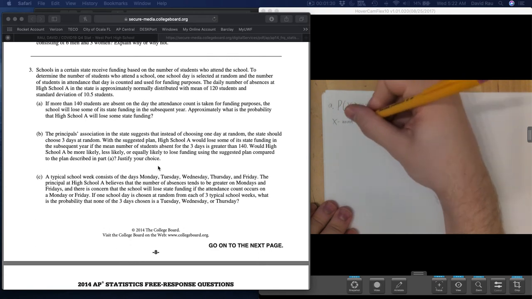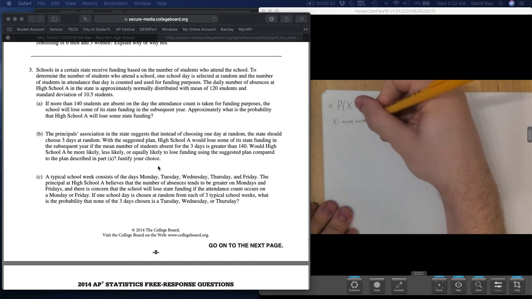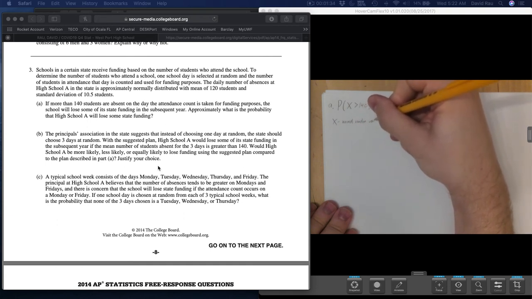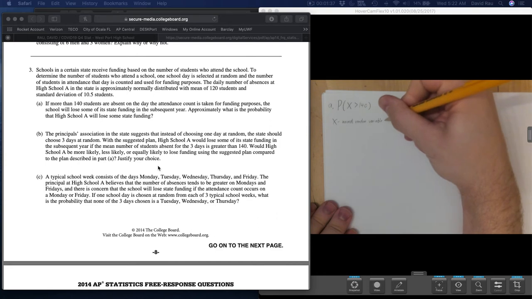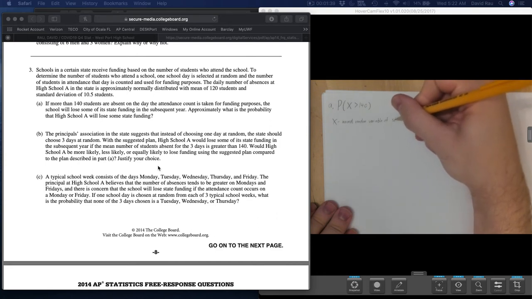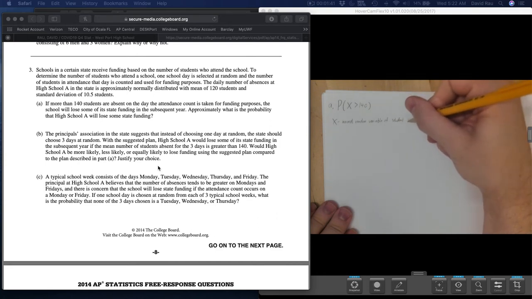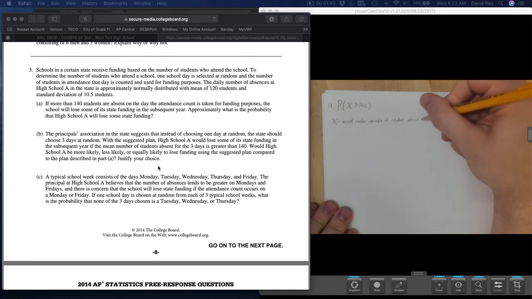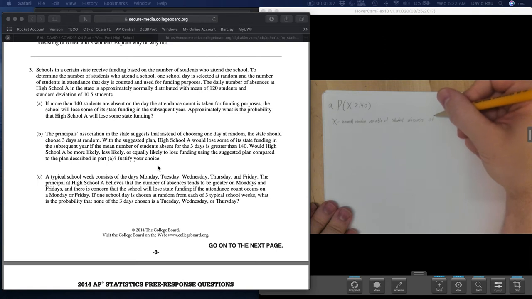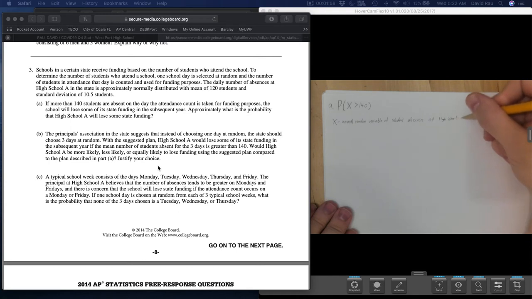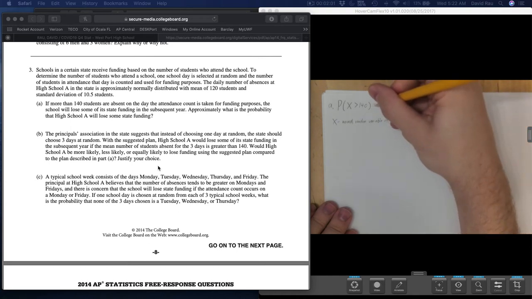In other words, define what X is. Random variable of student absences. See, I'm putting in context. Is that how you spell absences? Yes, it is. At high school A. Okay, now what is that probability?